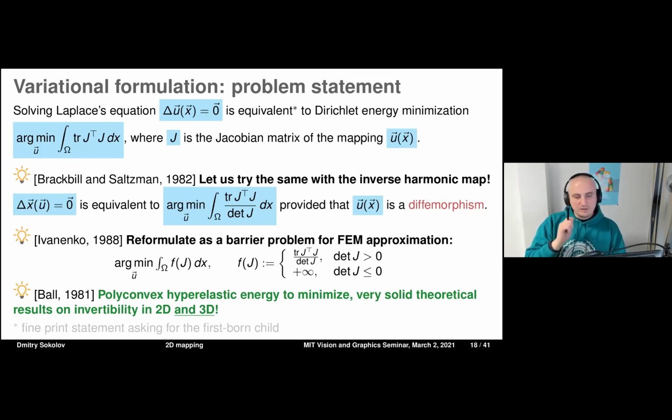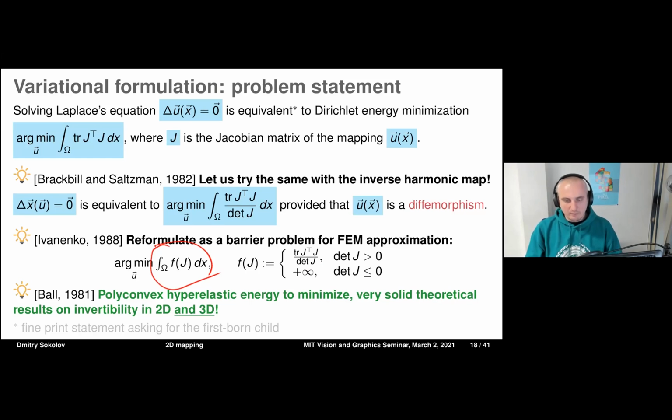There are very solid theoretical results on invertibility of this energy in 2D and 3D, and this energy is a polyconvex hyperelastic energy to minimize. It's very well defined.